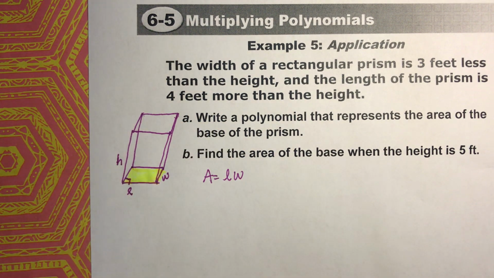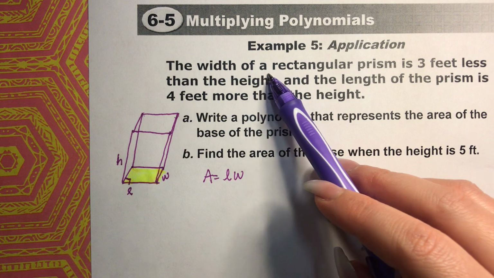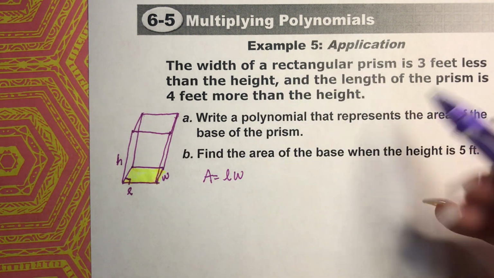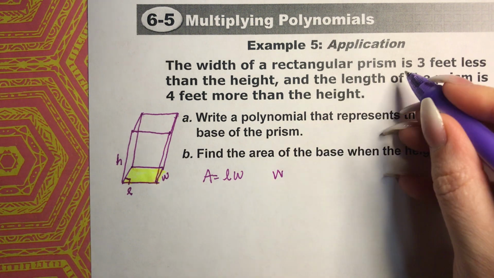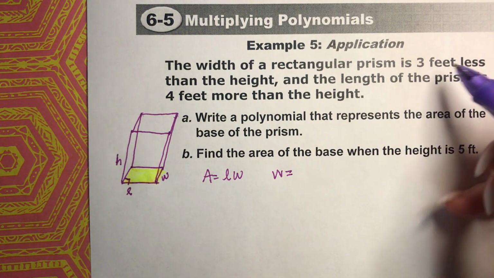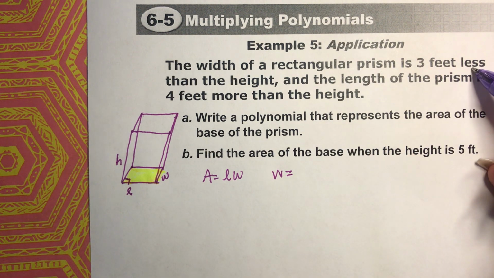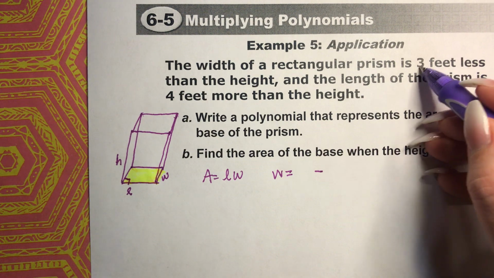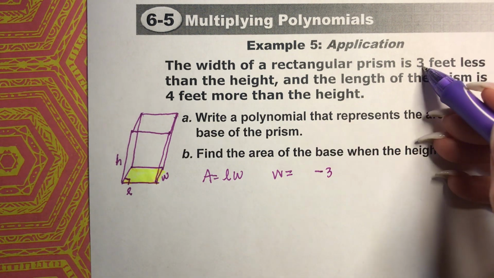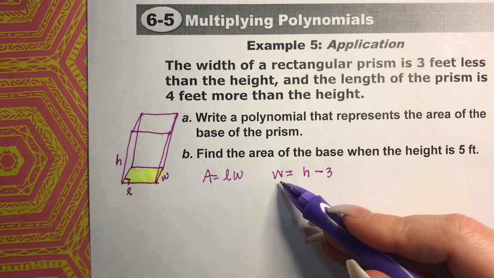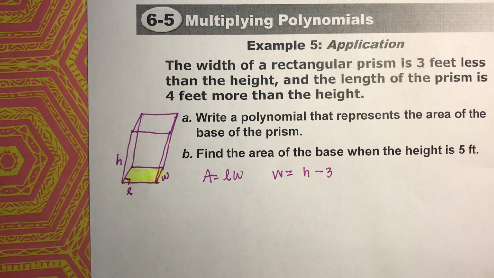So the width is W, 3 feet less than the height. Remember, less than means subtraction, and than means flip, so that 3 is going to flip to the back, and the height flips to the front. So that's what our width is, h minus 3.